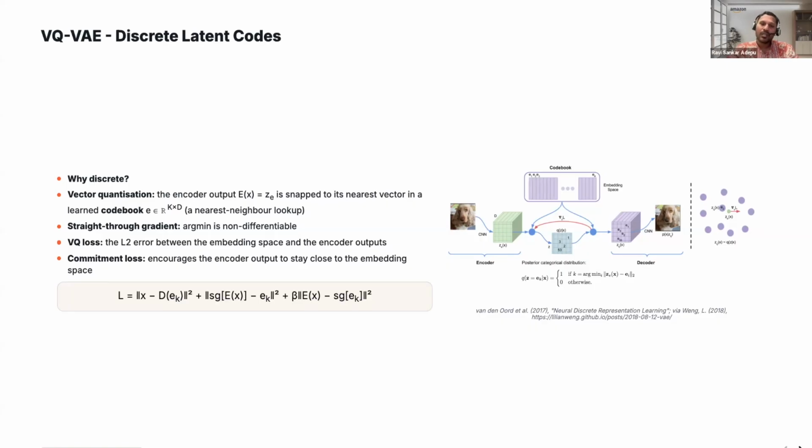It nudges the encoder to commit to a codebook vector and stop flickering between them, which keeps the training stable. Those stop-gradient markers in the equation are just bookkeeping. They decide whether each term updates the codebook or the encoder, never both at the same time. And if you want state-of-the-art image quality, VQ-VAE-2 stacks this hierarchically and learns an autoregressive prior on top of it.